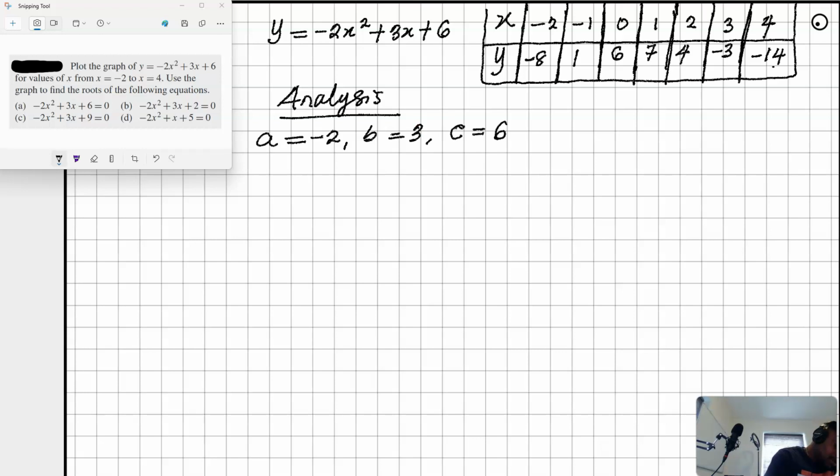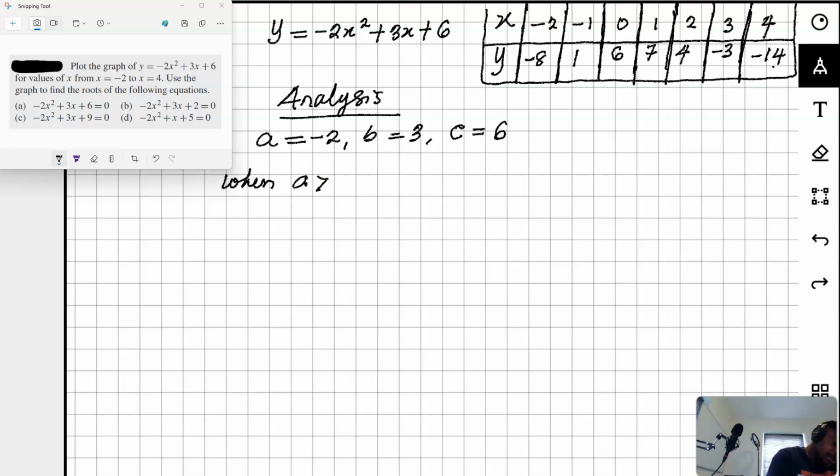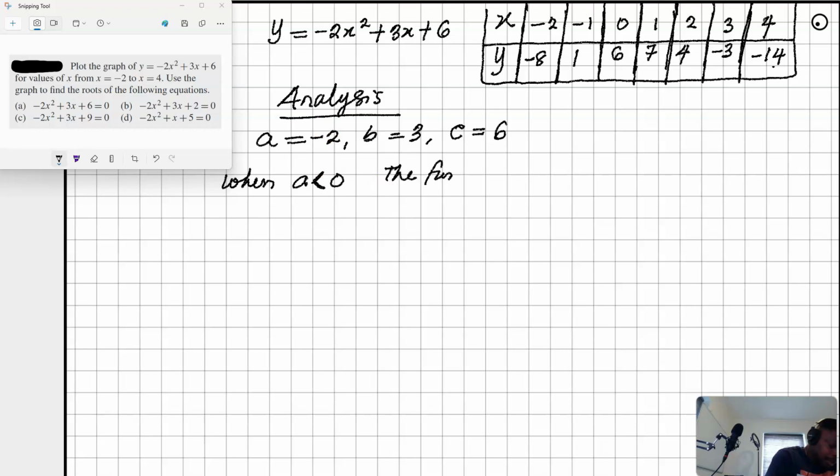Now, the analysis is that we know that when a is less than 0, in this respect you can see our a is minus 2, when a is less than 0, the function is maximum. Okay, maximum in the sense of your curve is going to cover.